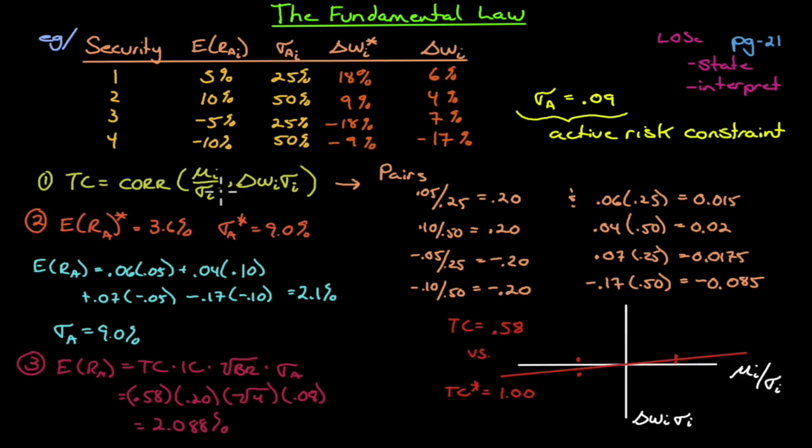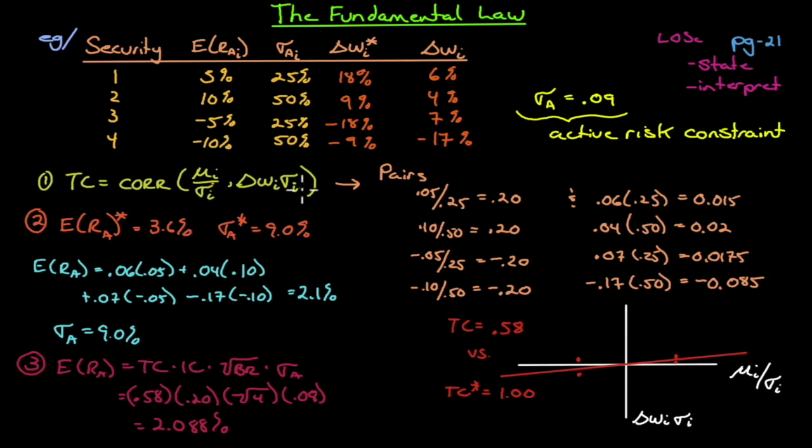What is the mu i over sigma i? Well, it's 5% over 25%. 0.05 over 0.25 is 0.2. And then we have 0.1 over 0.5, which is 0.2. Negative 0.05 over 0.25 is negative 0.2, and negative 0.2 on this first part of the pair.